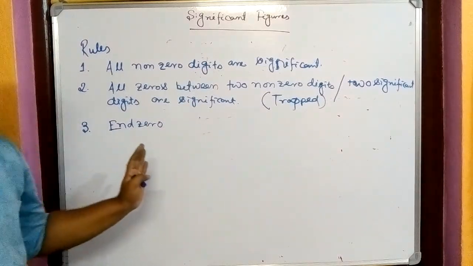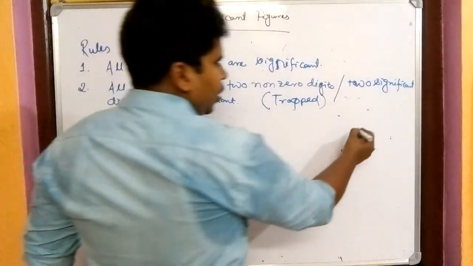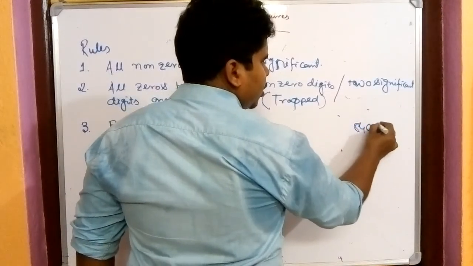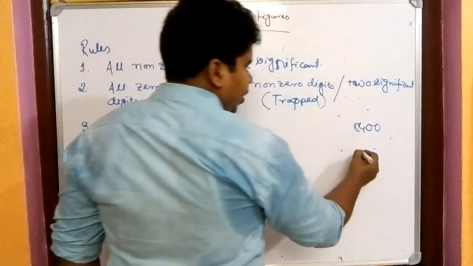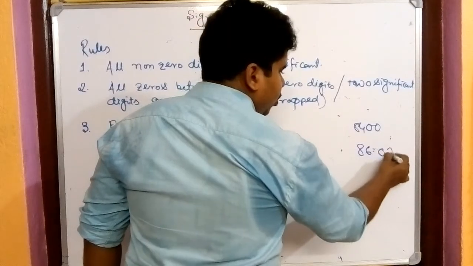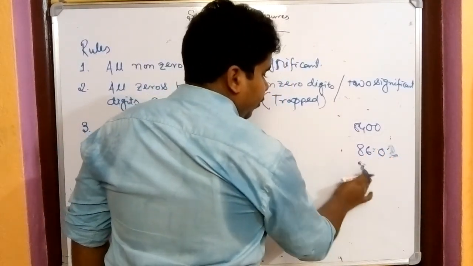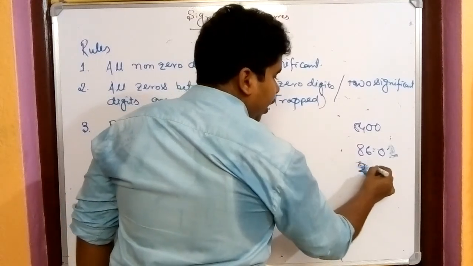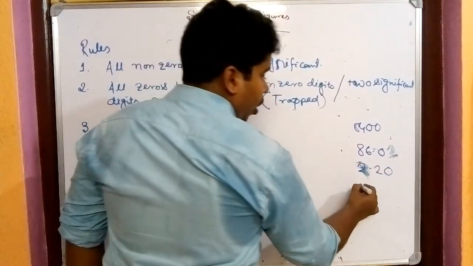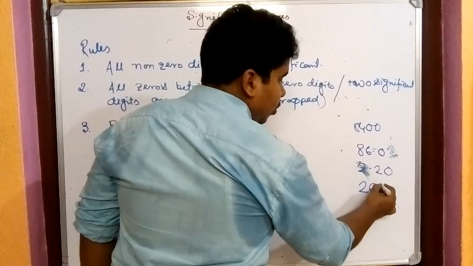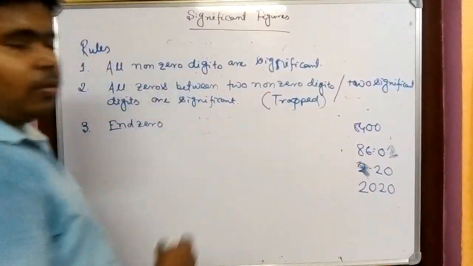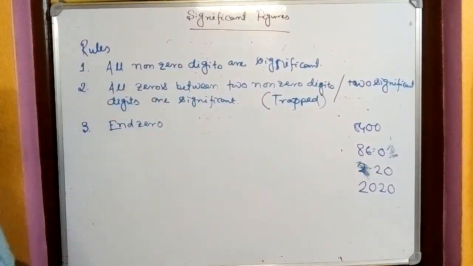But if a number ends with 0, assume 868400 or 86.0 or 2.20 or 2020, whether in this case we have to take the 0 as significant or not.